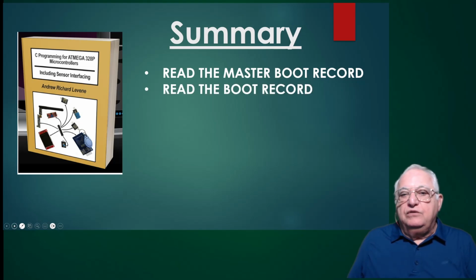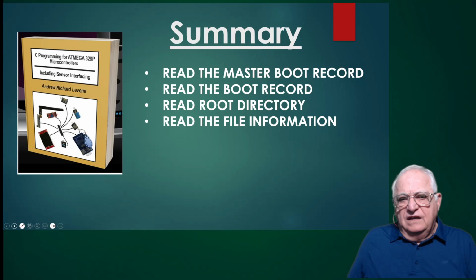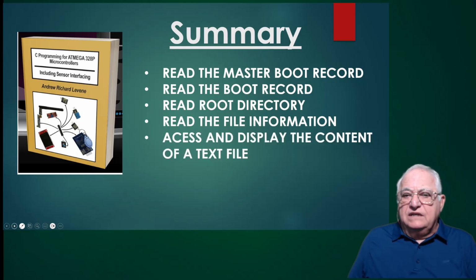Next, with that information, we went to the boot record. And from the boot record, we got enough information to get to the root directory. And then we read the file information tables. And finally, we access and display the contents of our text files.